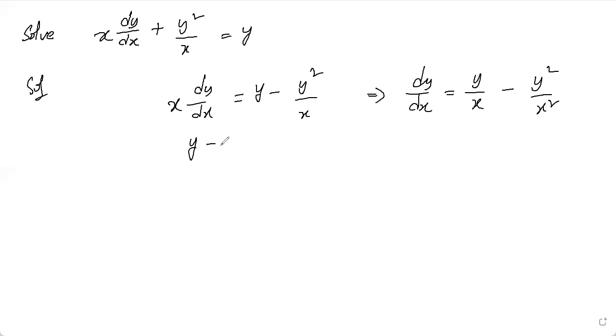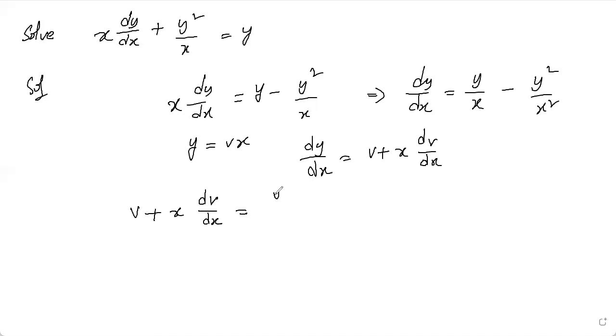So again, y is equal to vx, and dy by dx is equal to v plus x into dv by dx. On the left hand side we have v plus x dv by dx, which is equal to y by x, which is v, minus v square. So v and v get cancelled.